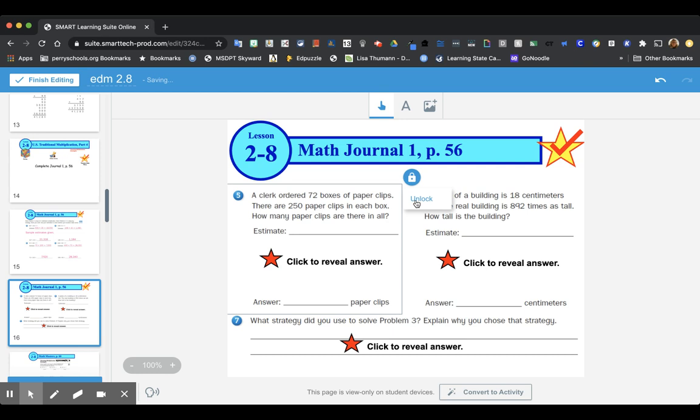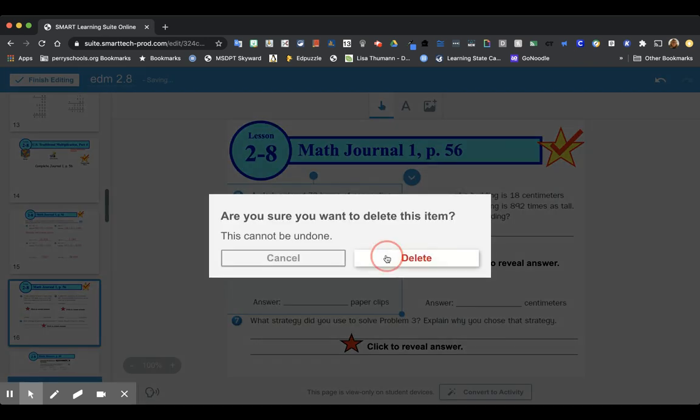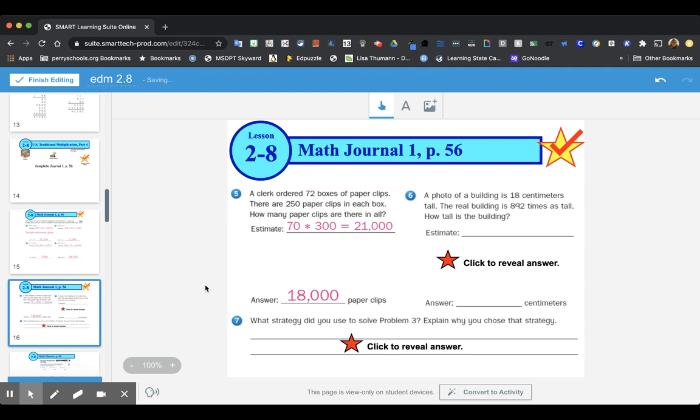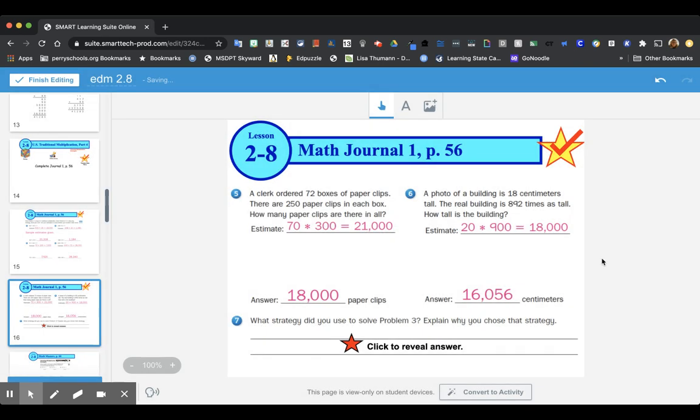Number 5, the 72 boxes of 250 paper clips was a total of 18,000 paper clips. You can see the estimate was 21,000. 18,000 is logical. It's reasonable. It makes sense. And for the picture of 18 centimeters, the real thing was 892 times taller.